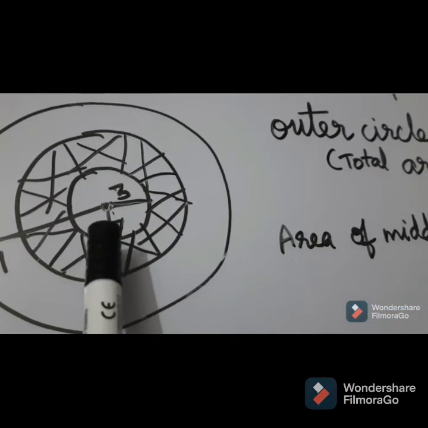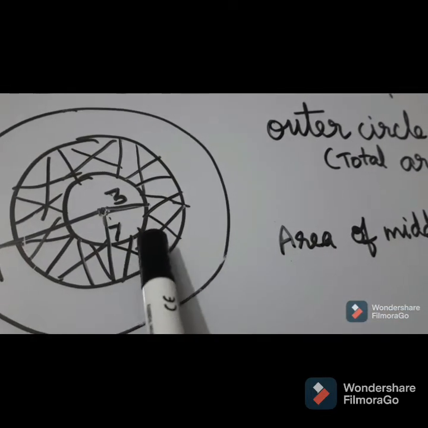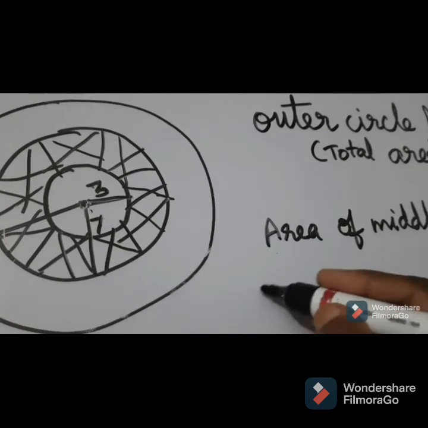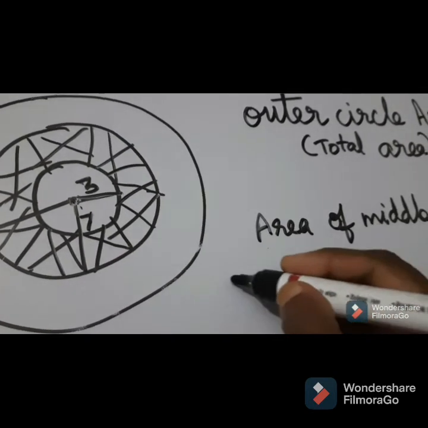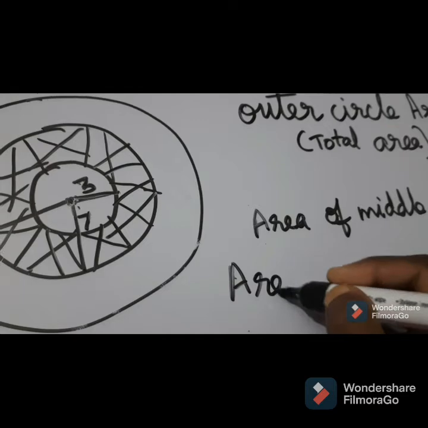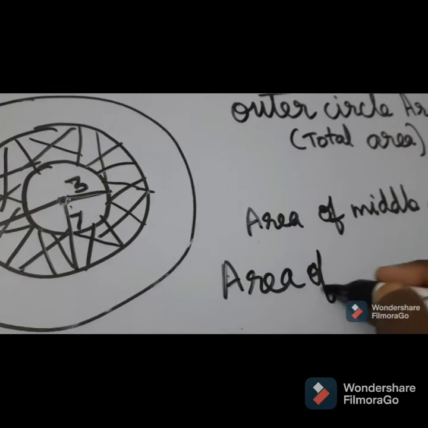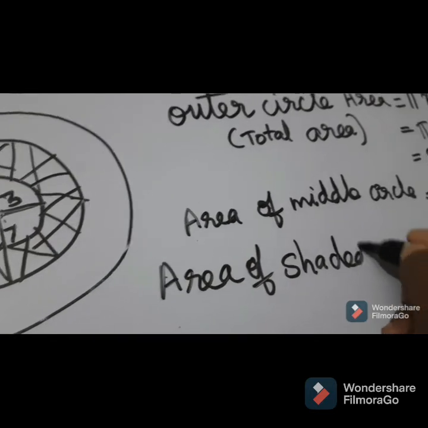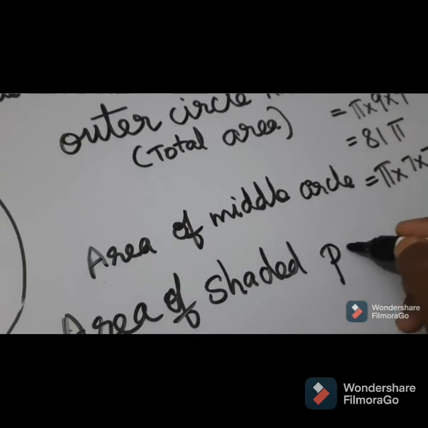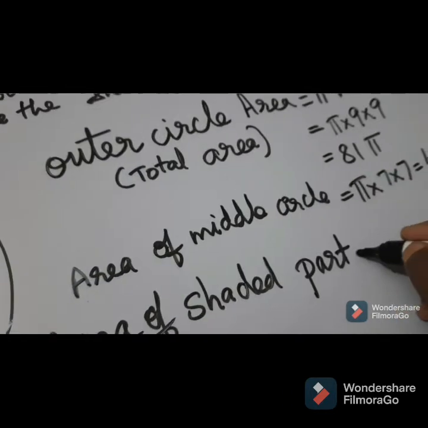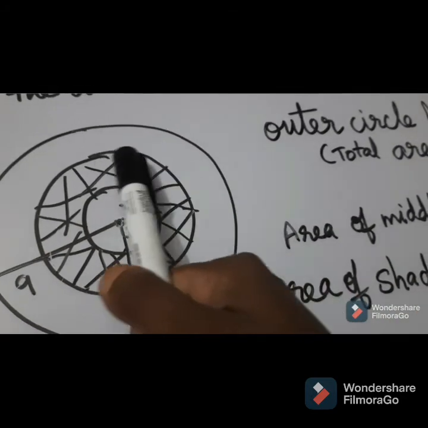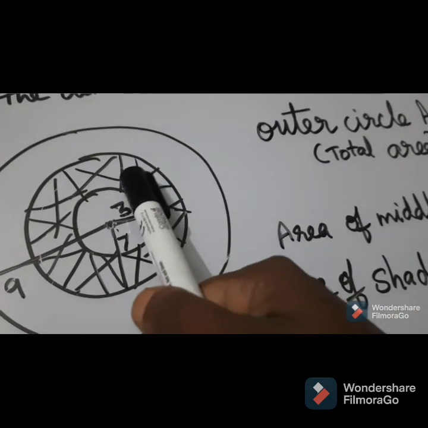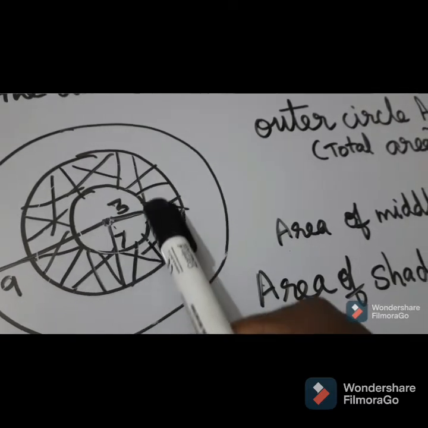Now we want the area of this shaded part. That is the question. Area of shaded part. We need only that shaded part. For that, what we can do? This full circle area minus this small circle.